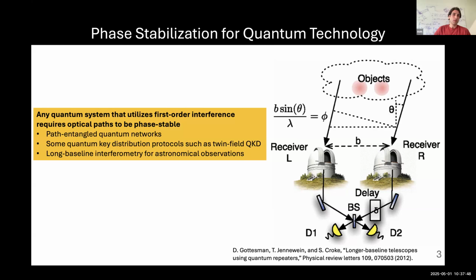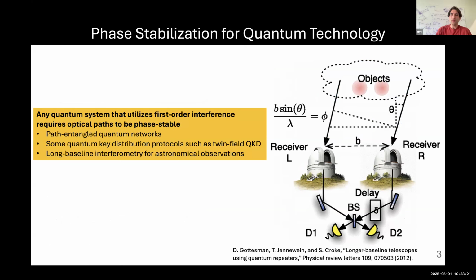But there are a bunch of other quantum technologies people are building, like twin field quantum key distribution systems, or long baseline interferometry systems for astronomical observations. Anything that relies on first order interference of photons needs phase stable links.